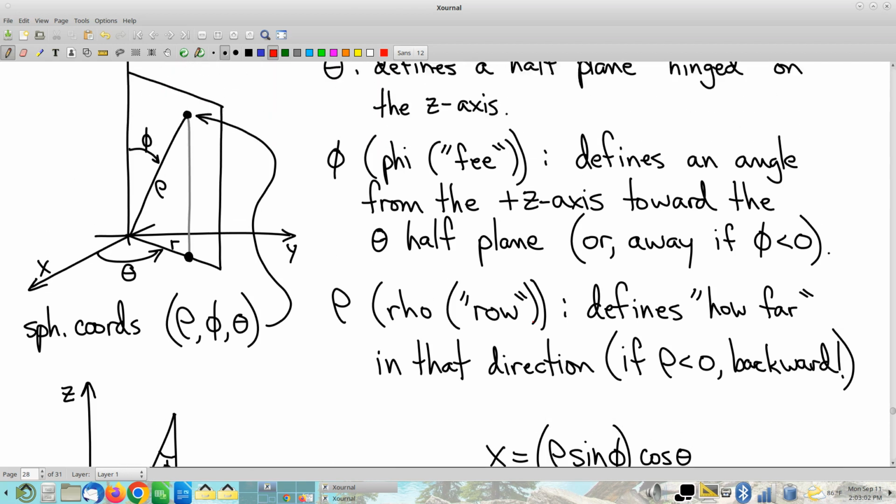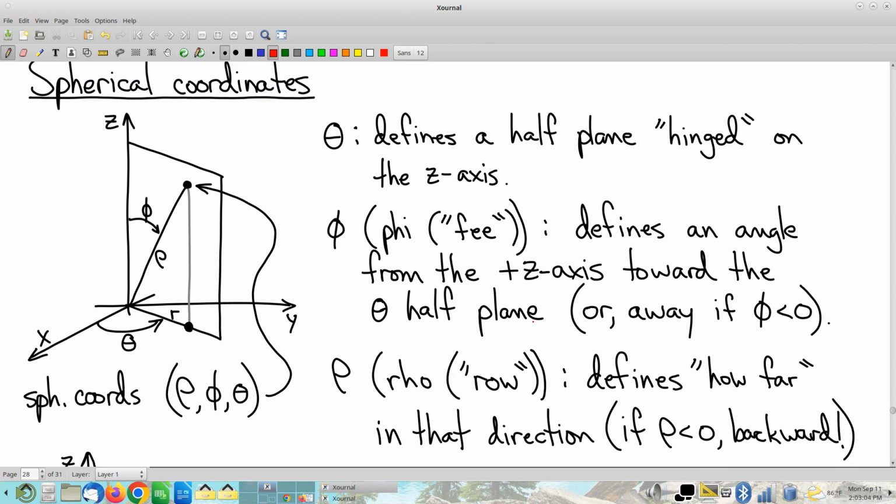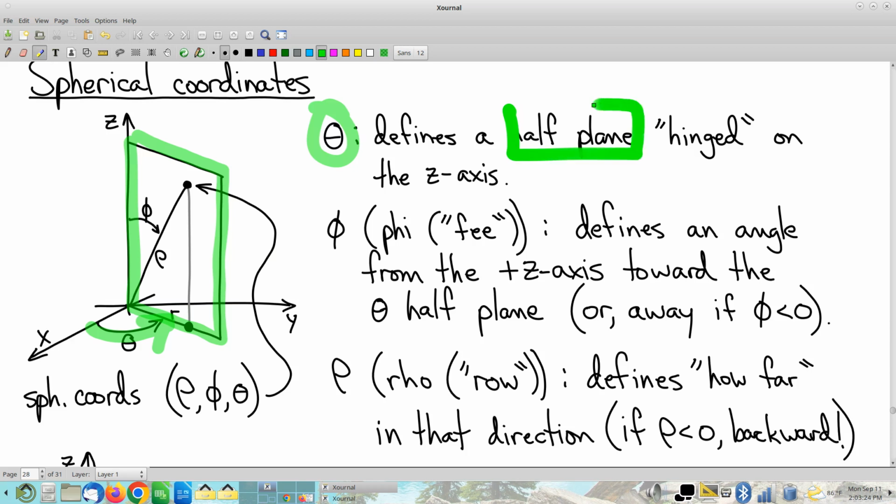Okay, all right. So here we go. Let's talk about how spherical coordinates work. We'll start with theta. Theta is exactly what you think it is. It's just like the cylindrical theta. It's the angle measured off of the positive part of the x-axis in the usual direction, which, if you think about it, defines a half plane.